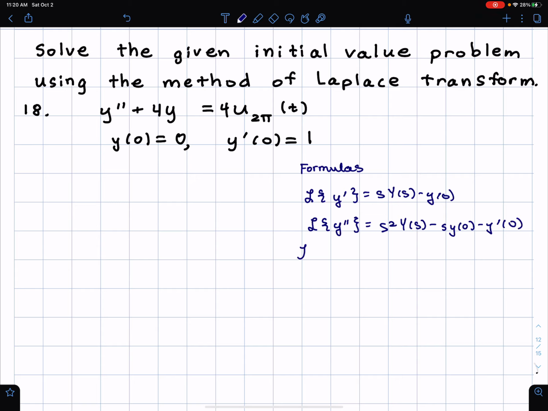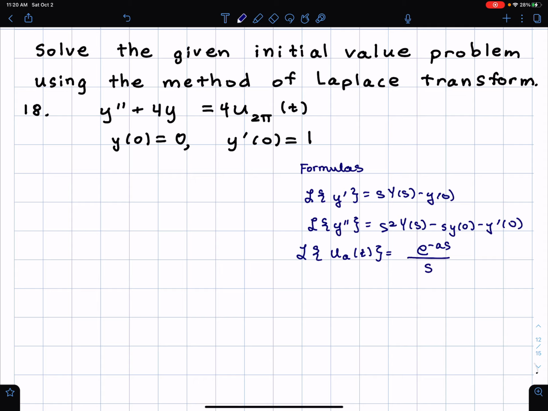We're also going to use the Laplace transform of u_a(t), which is equal to e to the negative as over s.